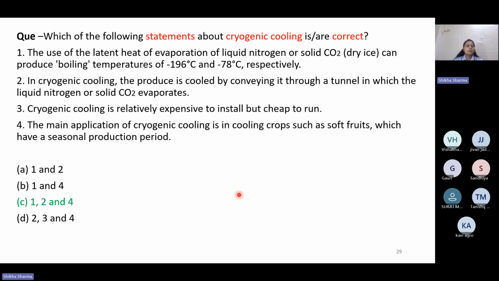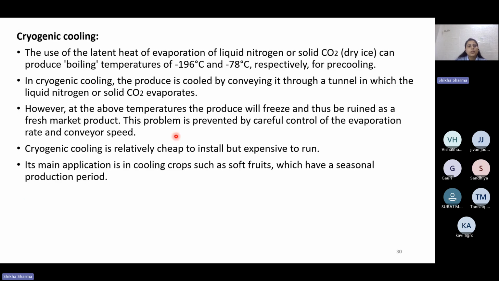So C is the correct answer. 1, 2, and 4 are correct. 3 is not correct. So in cryogenic cooling, the latent heat of evaporation of liquid nitrogen or dry ice, solid CO2, is used to produce boiling temperatures of minus 196 degrees Celsius and minus 78 degrees Celsius respectively for pre-cooling.